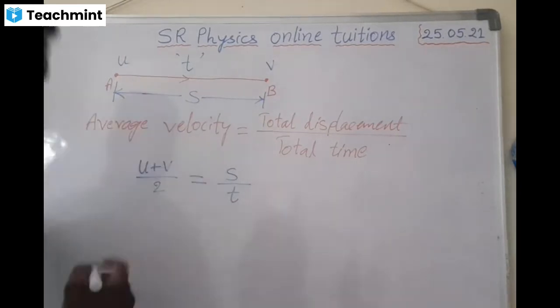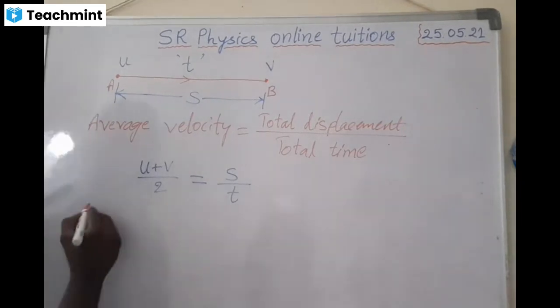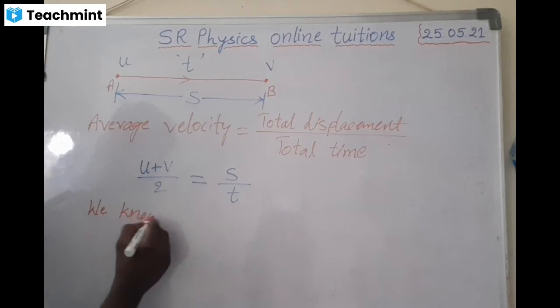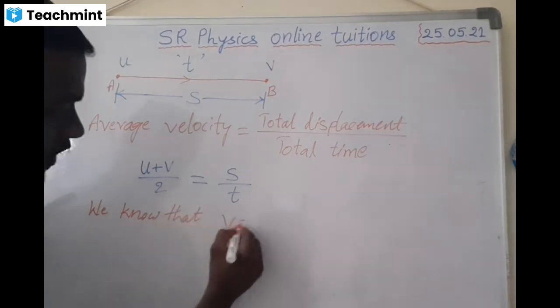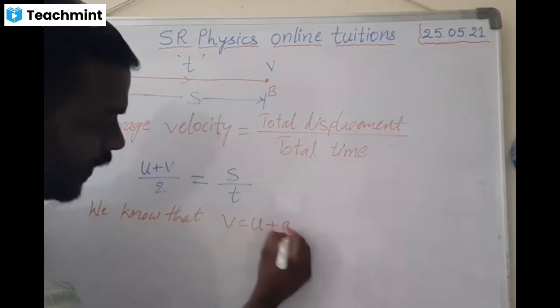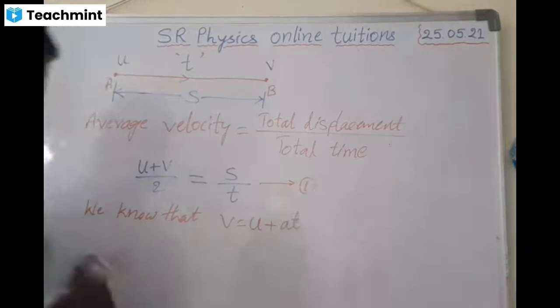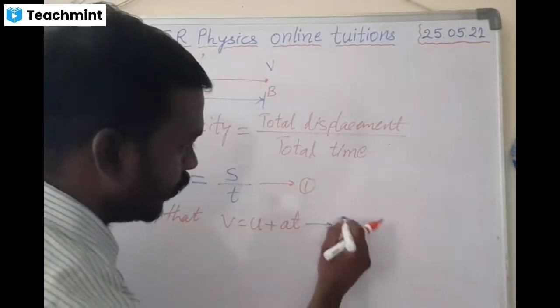Now see, in the previous case we have seen that v is equal to u plus at. Let us consider this as equation number 1, and the previous one as equation number 2.